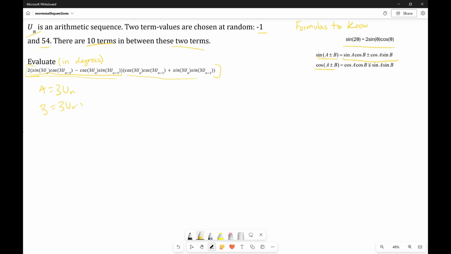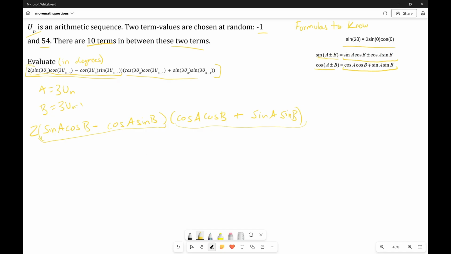Okay, so let's try that. If we say 2 sine a cosine b, let's make sure we include the parentheses, minus cosine a sine b, times cosine a cosine b plus sine a sine b. Now we can see that there's clearly a connection between this and these two formulas right here.